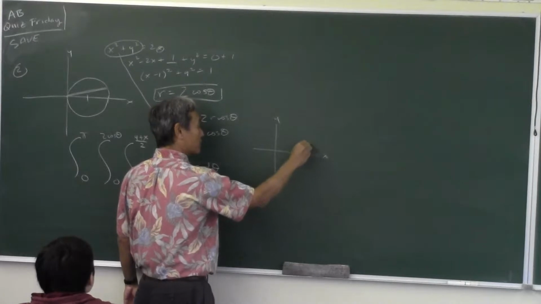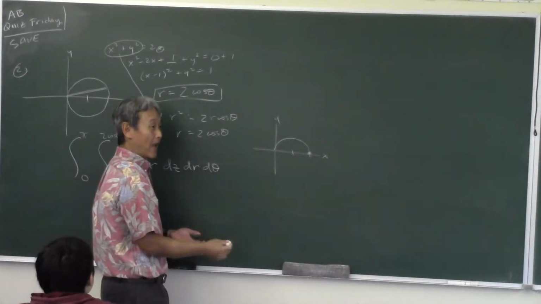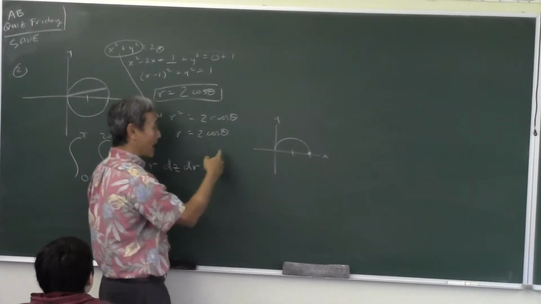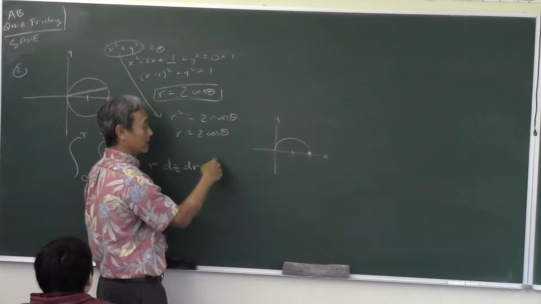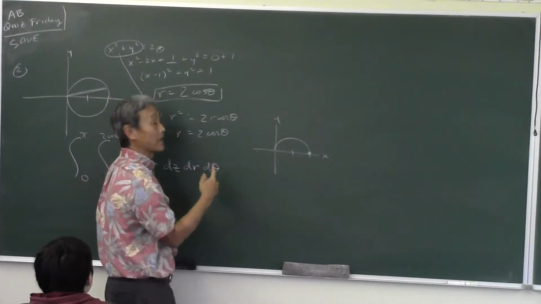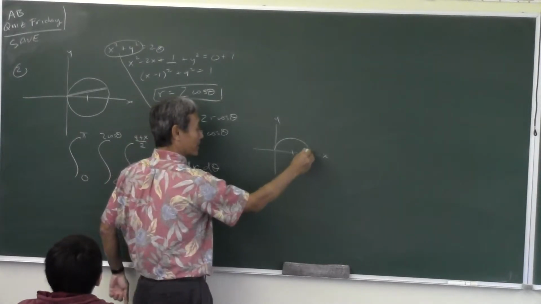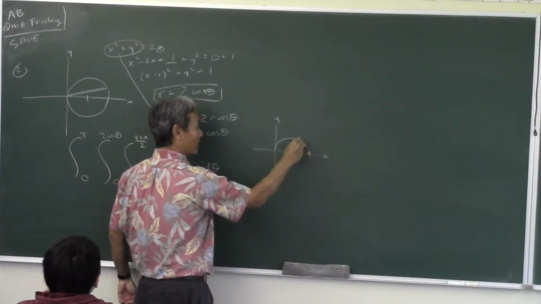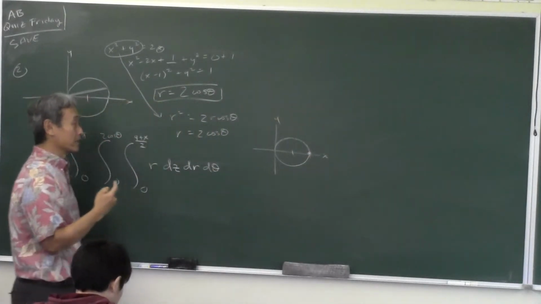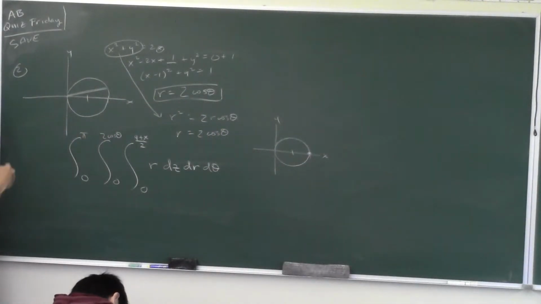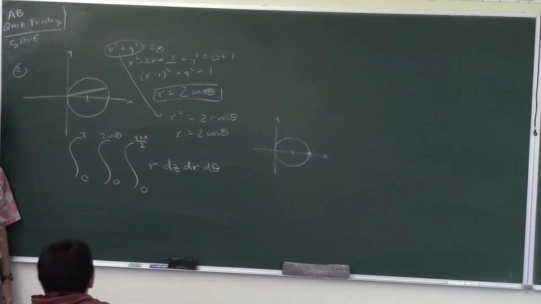So from 0 to pi over 2, it traces out half the circle already. And then if you go from pi over 2 to pi, what happens when you plug in pi? You get negative 2. So here's pi, you gotta go 2 units in the opposite direction. So here, let me graph it: 0, pi over 2, pi. You can trace out the entire circle just from 0 to pi. That's why the limit is 0 to pi, not 0 to 2 pi.